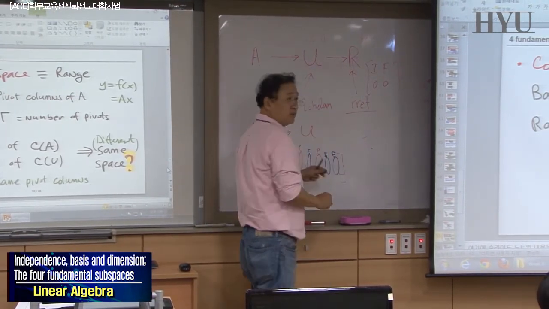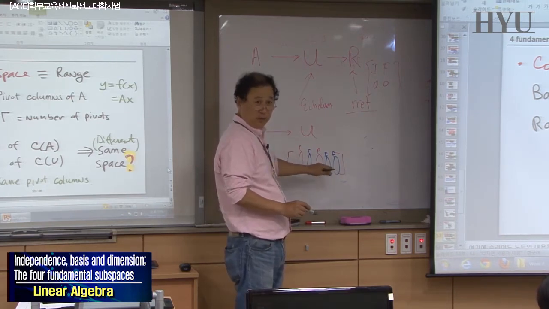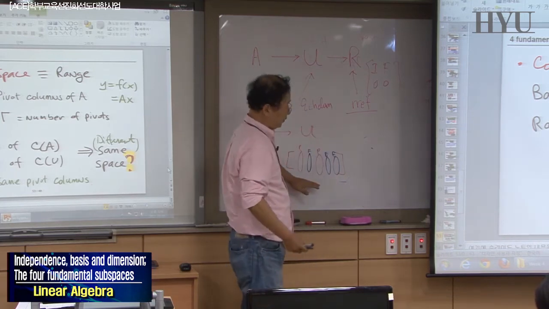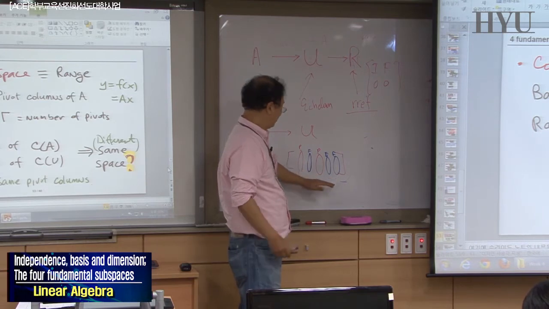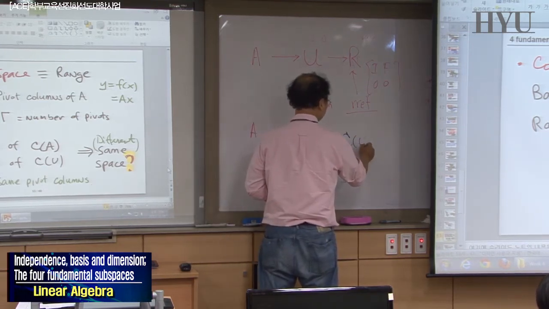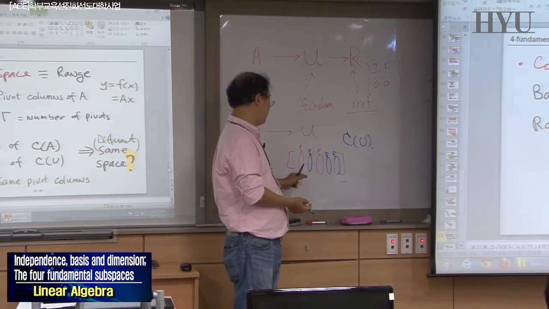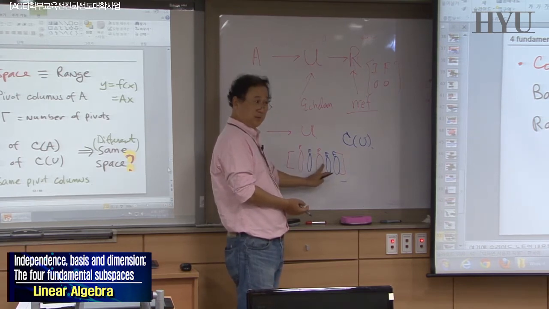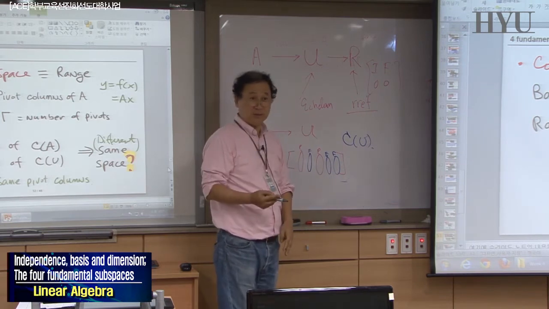Okay? There's a transformation you did, right? Pivot means this is non-zero, right? On the pivot. So in that case, what's the basis of this U? Then we have C(U), the column space of U. What are the basis vectors for this? These two vectors, right? These are free, so you can ignore them.